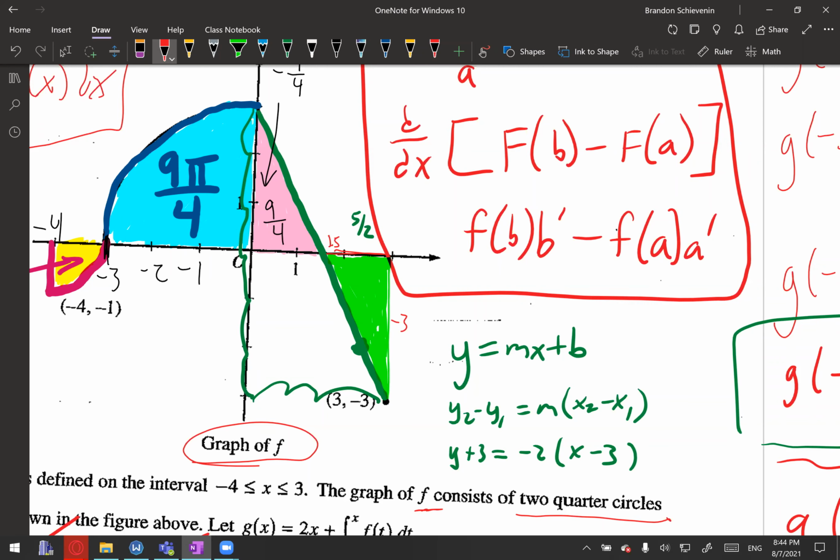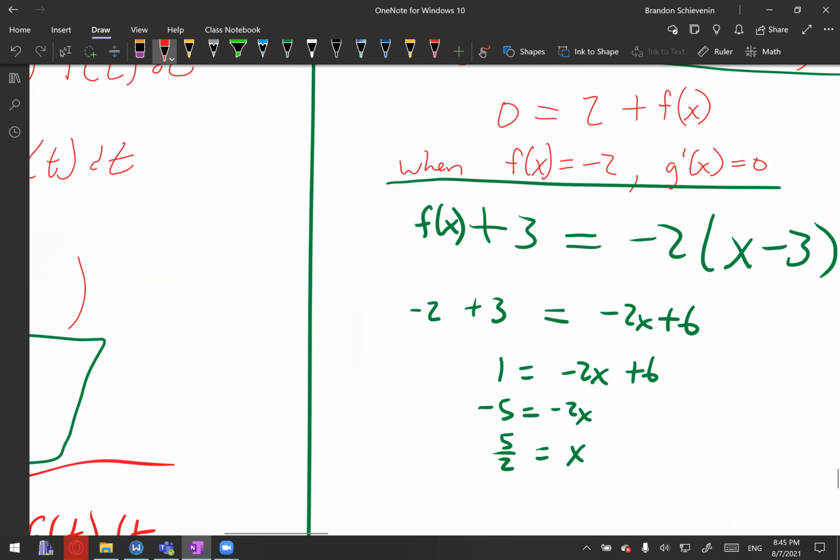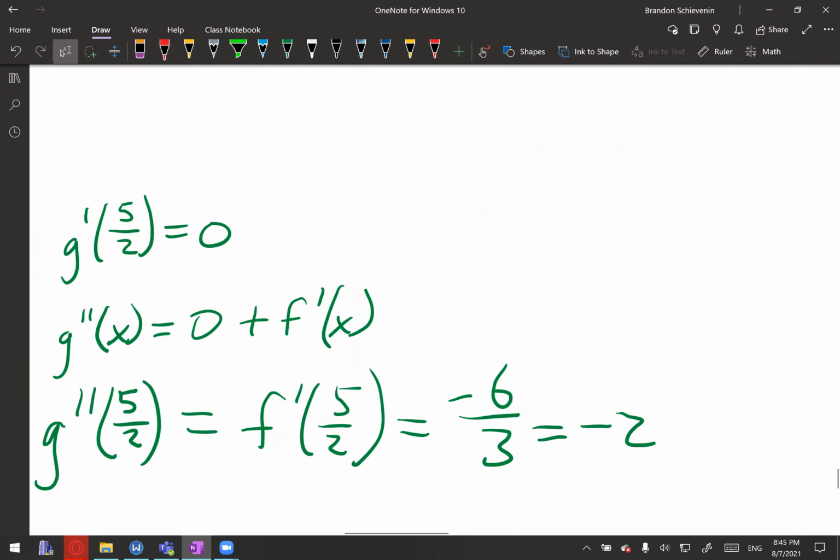Perfect. So that does make these symmetric. If I wanted to multiply that out, that would be 3/2 times -3 times 1/2 because it is a triangle. That gives me -9/4. Okay, so I'm going to substitute that in for our integral.